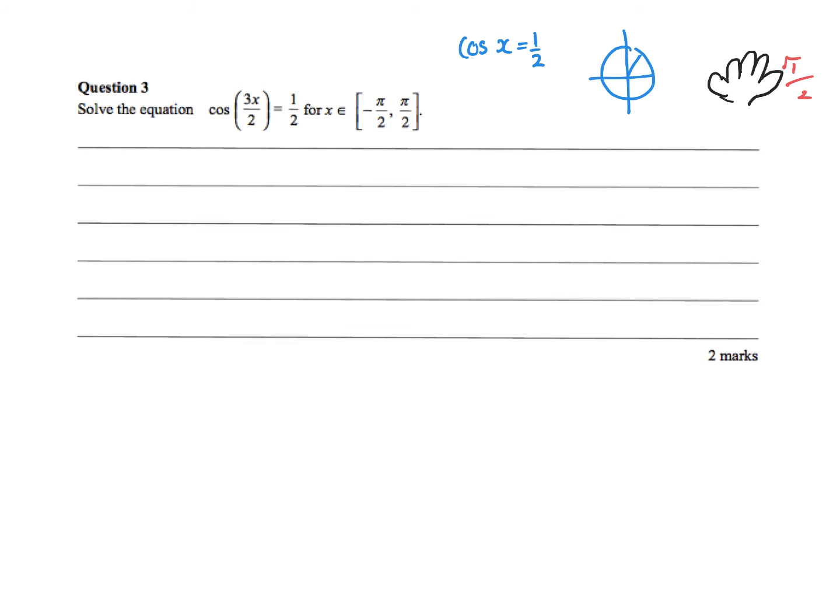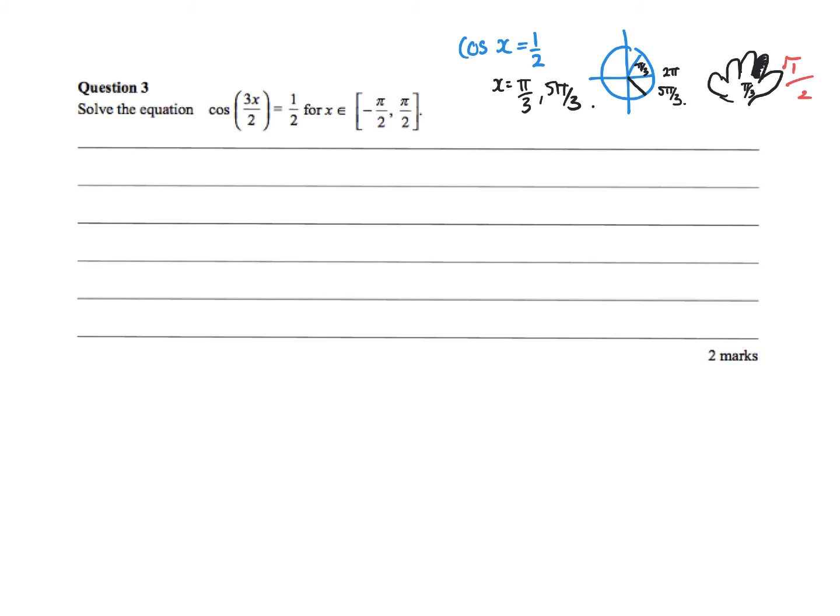So that means we've put down this finger. So that finger is the pi on 3, or the 60 degrees. So we're going to say when it's pi on 3. Now, cos is also positive down here, so that'd be 2 pi, which would be 6 pi on 3. So it's also 5 pi on 3. So when x equals pi on 3, or 5 pi on 3.